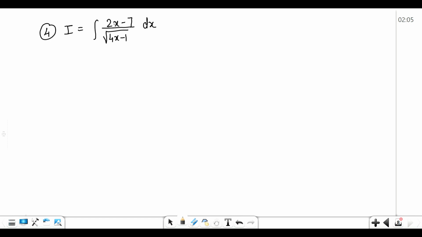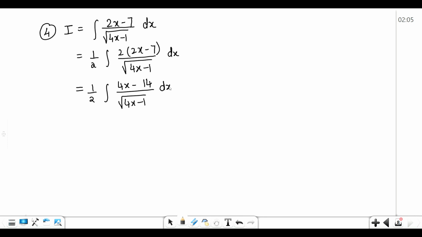How you can do it is, first of all, multiply and divide by 2, keeping the denominator the same for now. Then multiply this 2 inside, which gives 4x minus 14 the whole upon 4x minus 1.